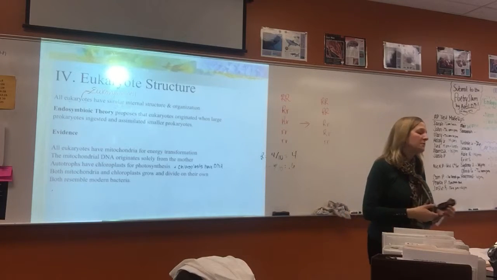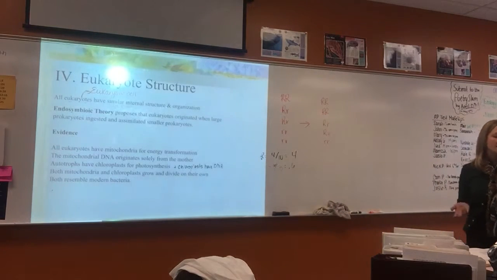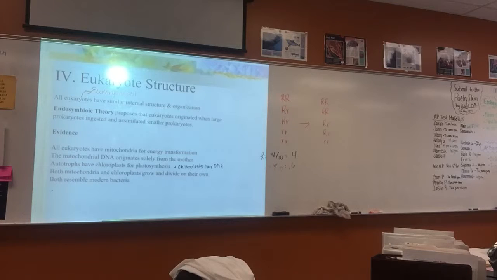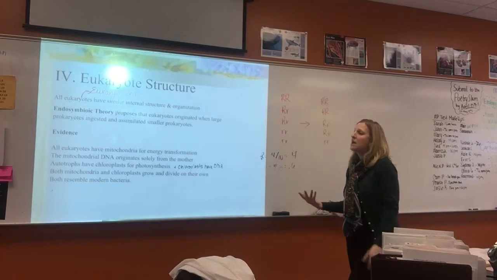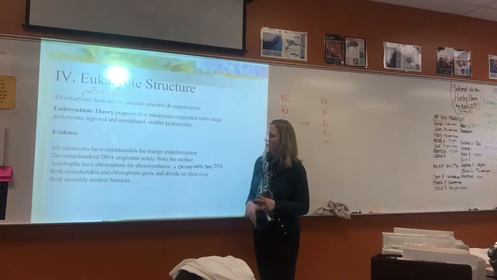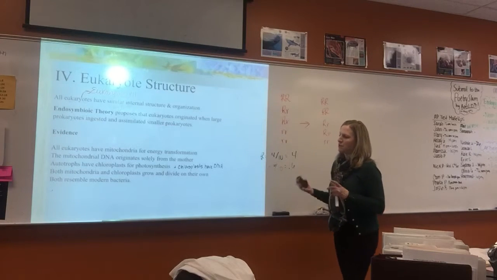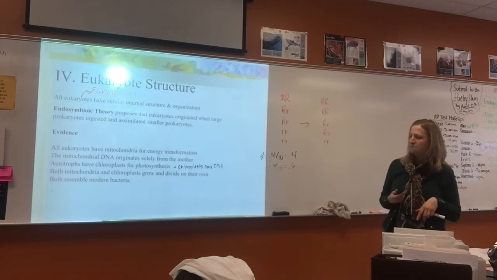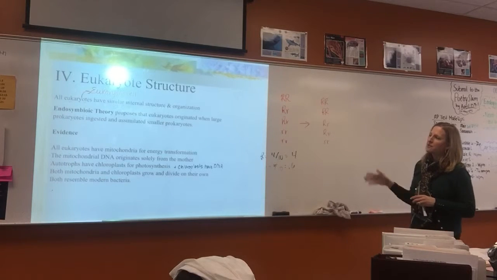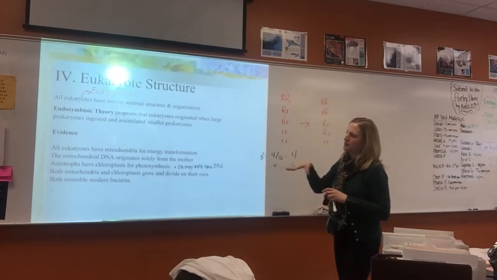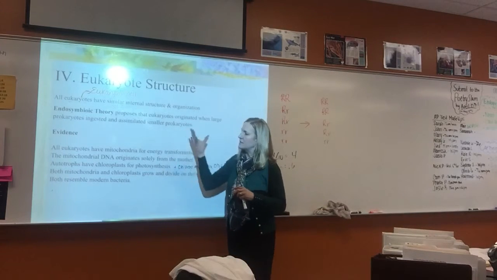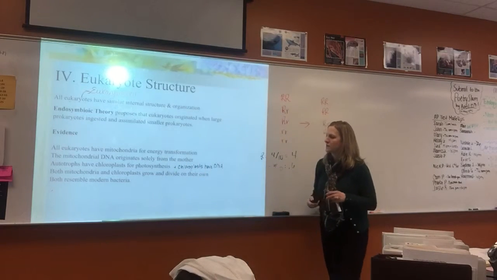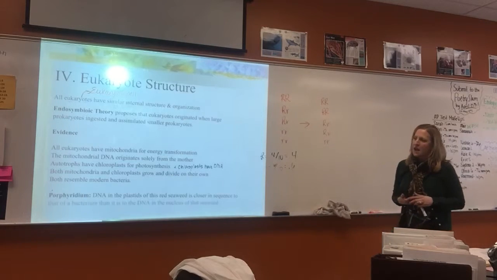And they both resemble modern bacteria, meaning that bacteria have DNA and ribosomes to make proteins. That's basically what's inside of them, and that is the same for mitochondria and chloroplasts: they have ribosomes and DNA. All right, so every single eukaryotic cell has some kind of relatedness, because they're made from these same things.